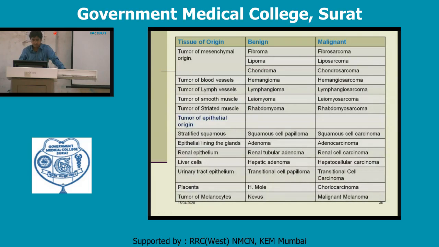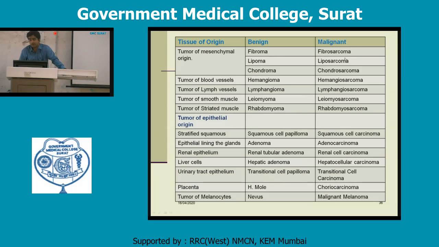So after this discussion, let's see some terminology. It is very easy. If there is the suffix oma, it means in the majority of cases it is benign. If the suffix is carcinoma or sarcoma, these are malignant lesions.